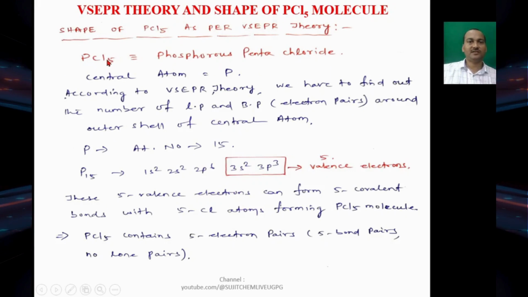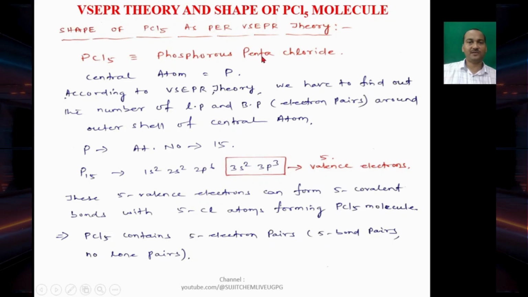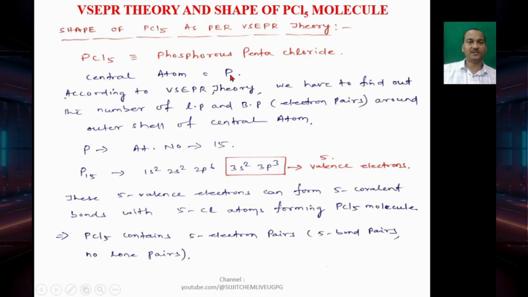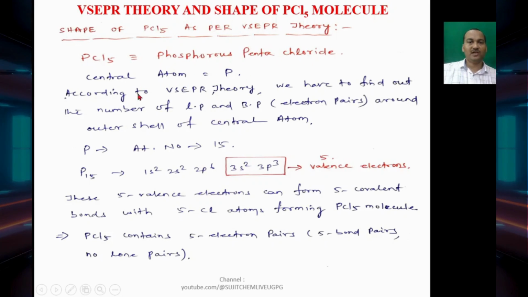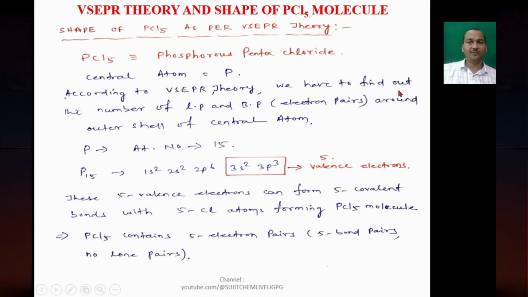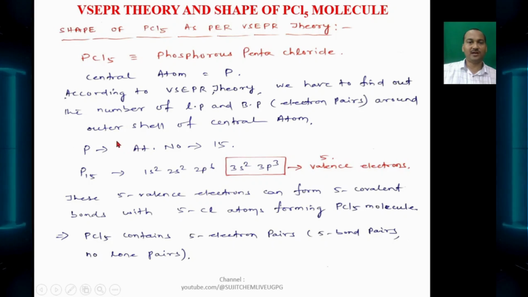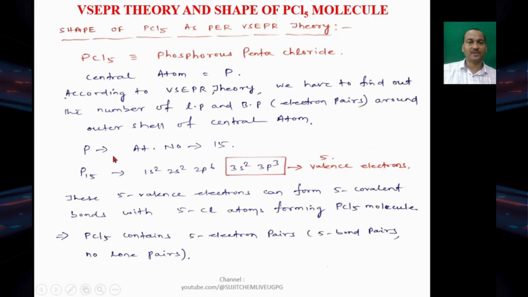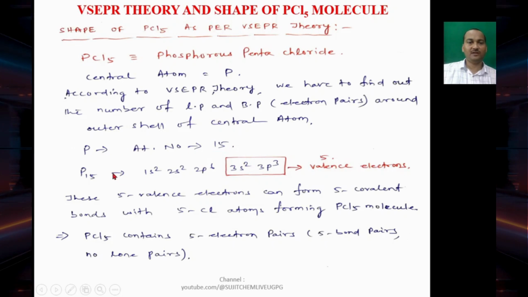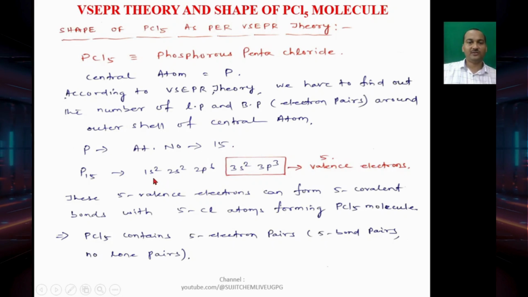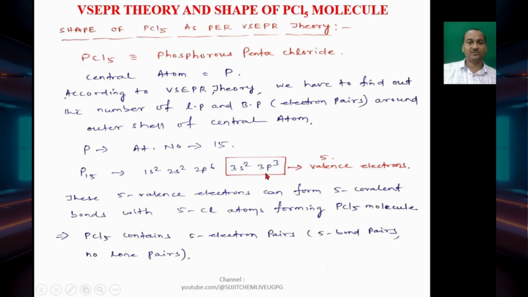So let's discuss the shape of PCl5, phosphorus pentachloride. Central atom is phosphorus. According to VSEPR theory, we have to find out the number of lone pairs and bond pairs, that is electron pairs around the outer shell of the central atom. Phosphorus atomic number 15 and electronic configuration is 1s2, 2s2, 2p6, 3s2, 3p3.